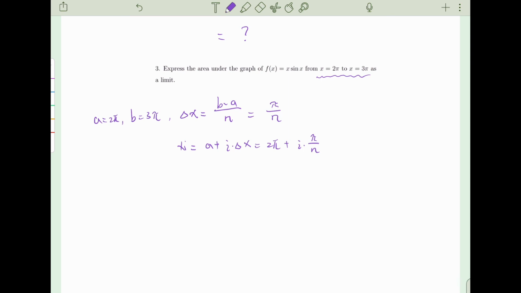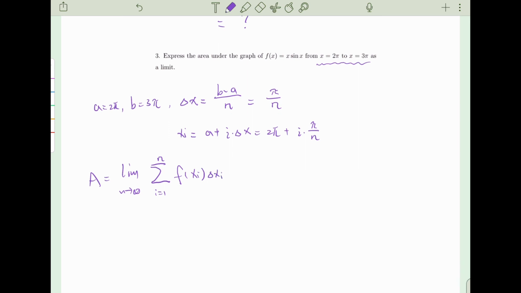Now you can write out the area A by using the approximation sigma. Now n goes to infinity. Sorry, sigma. Limit as n goes to infinity of this summation, i equals 1 to n, of f of x_i times delta x. Just the formula.